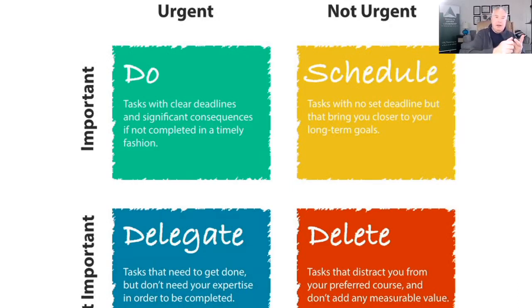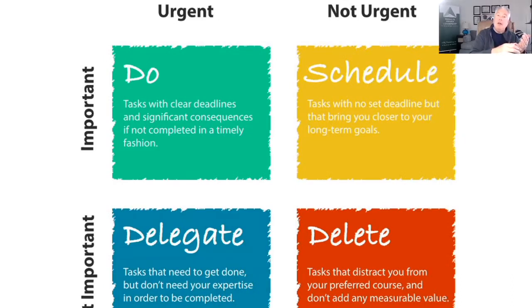And then the last quadrant is the not important, not urgent. So we've got important and urgent, got to do it right now. We've got important but not that urgent, which is wait, schedule it, do it later. We've got the not important but urgent. Those are our interruptions during the course of the day, or things we need to delegate. We need to delay, delegate, or don't do altogether. And we're going to talk a little bit about the don't list in a future video.